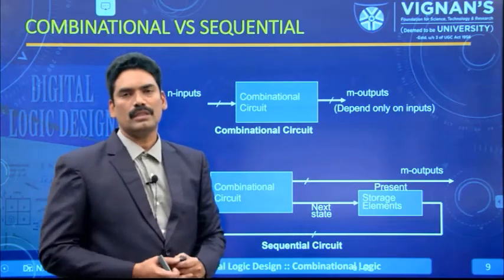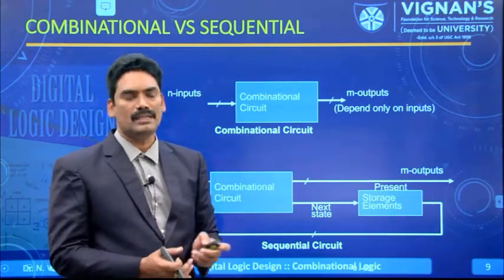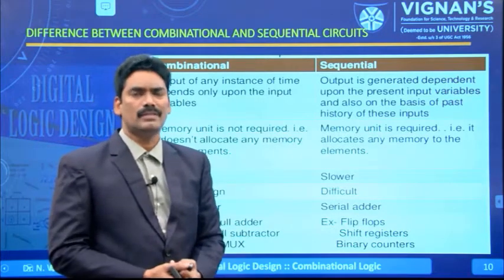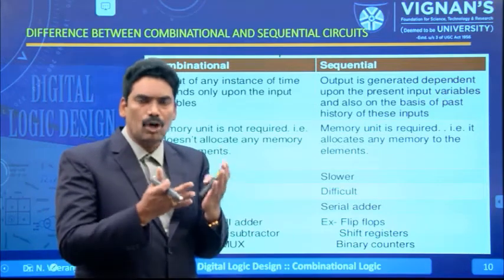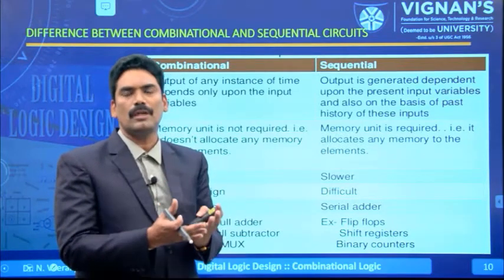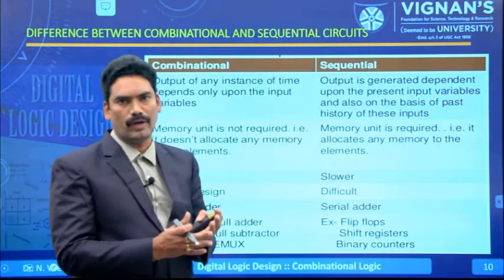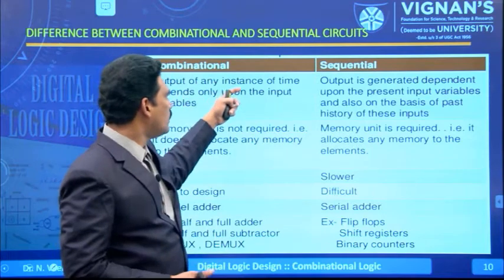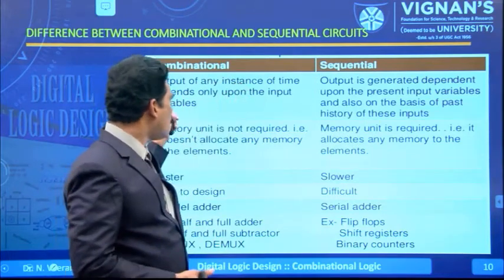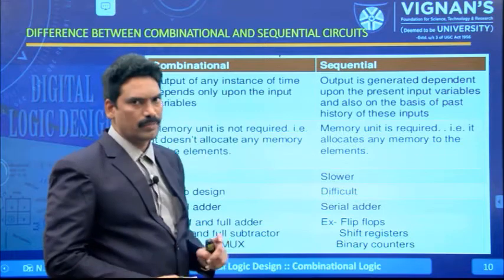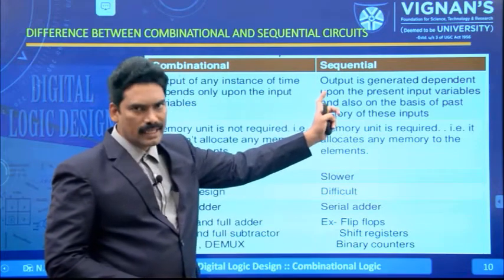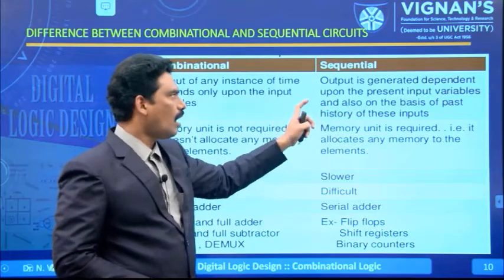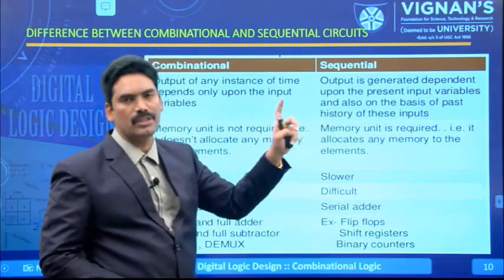Now we are going to discuss the differences between a combinational circuit and a sequential circuit. First, the outputs of a combinational circuit depend only on current input values, whereas in a sequential circuit the output depends upon the present input variables and also on the past history of these inputs.